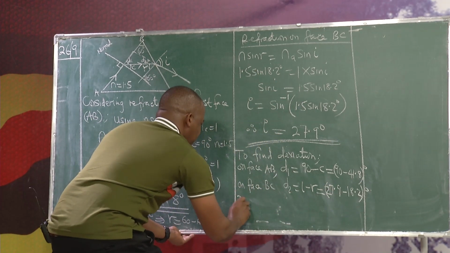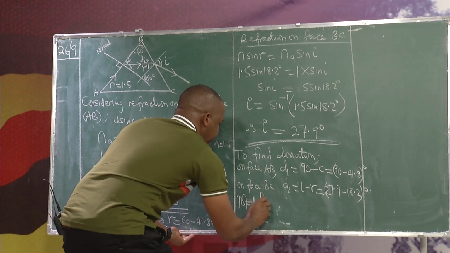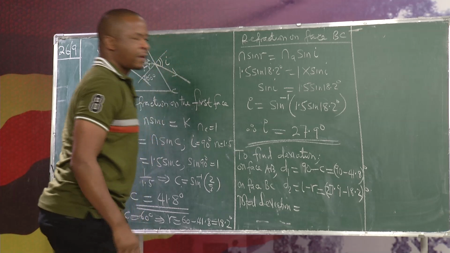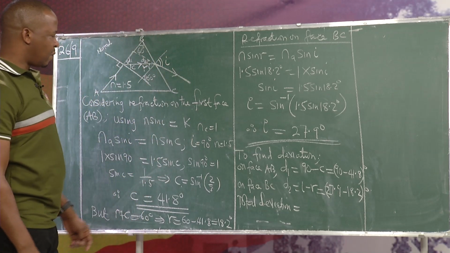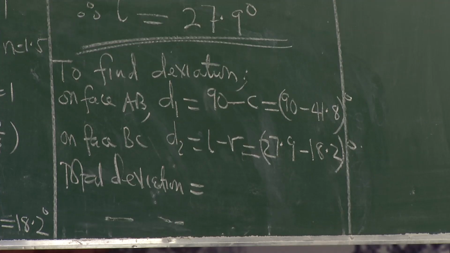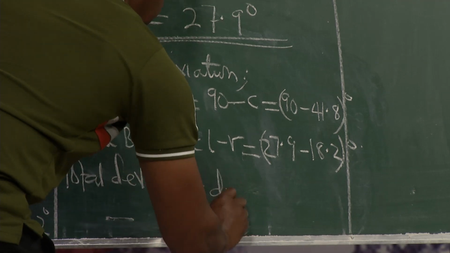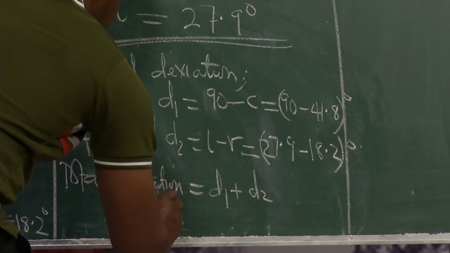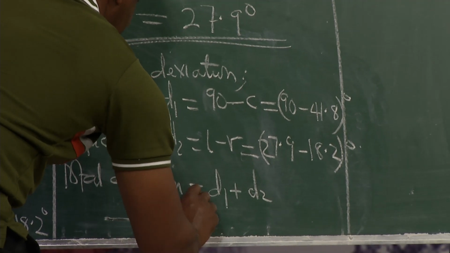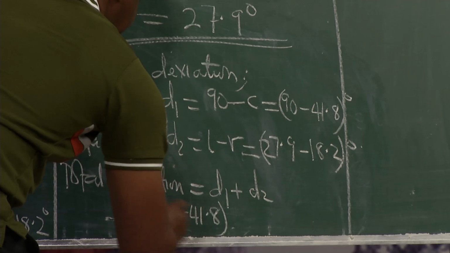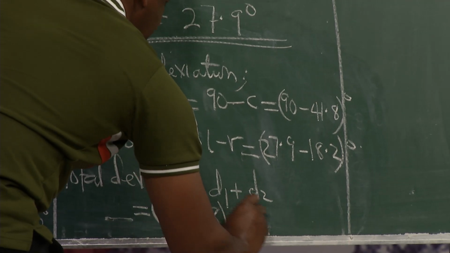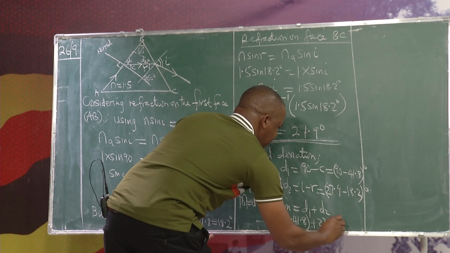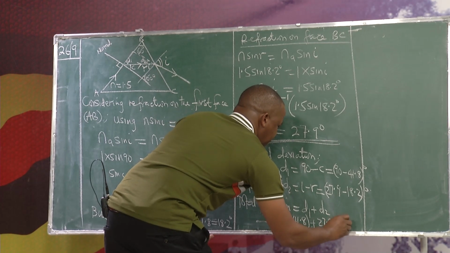So the total deviation required will be the sum of these two deviations, the sum of D1 plus D2. And this gives us 90 minus 41.8 plus 27.9 minus 18.2.